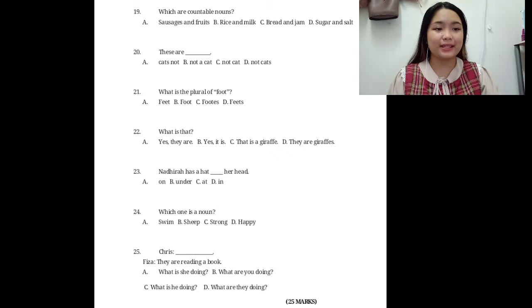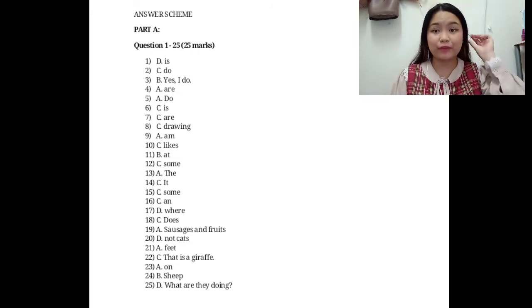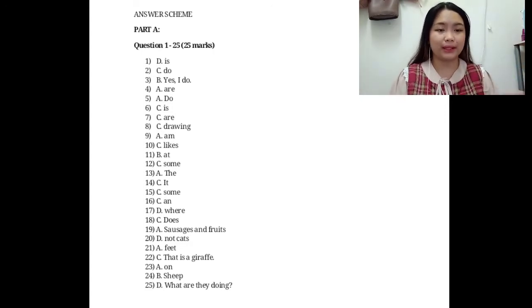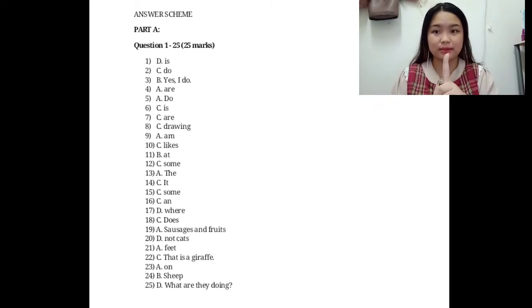Next is the answer scheme. The answer scheme is quite simple because all the pupils have to do is read the question and circle the correct answer. As we can see here, the answer scheme for part A, question 1 until 25, each question has 1 mark, because they only have to pick one answer for one question.